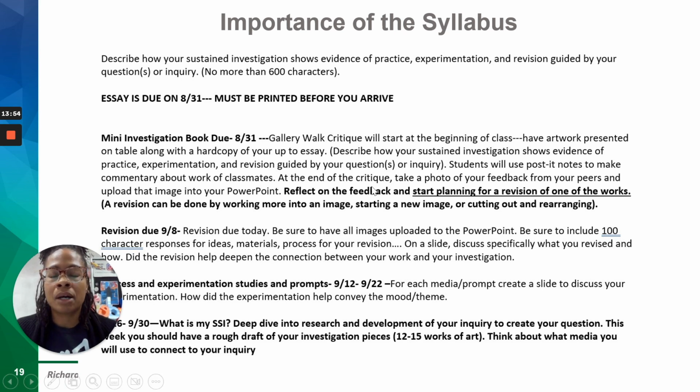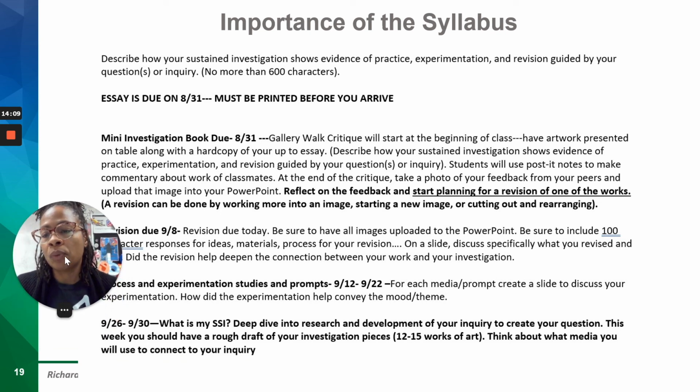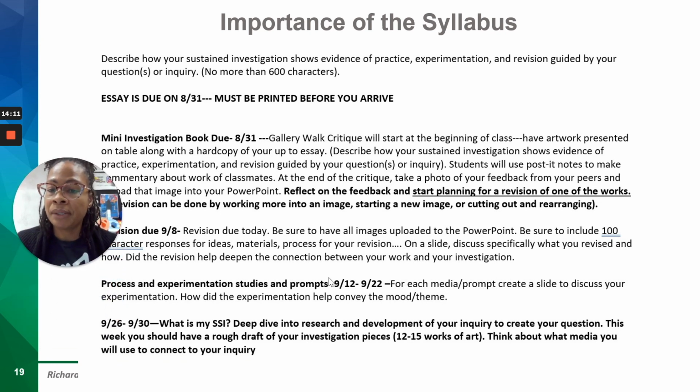So I talk about what a gallery walk is, making sure that everything is due ahead of time. And then they had a deadline for a specific revision, their first revision of the year. We had a process and experimentation week, which I'll talk about in the next webinar. And then we had a deep dive week in which they did some sharing and talking and rough drafts and writing about what their SSI was for the year.